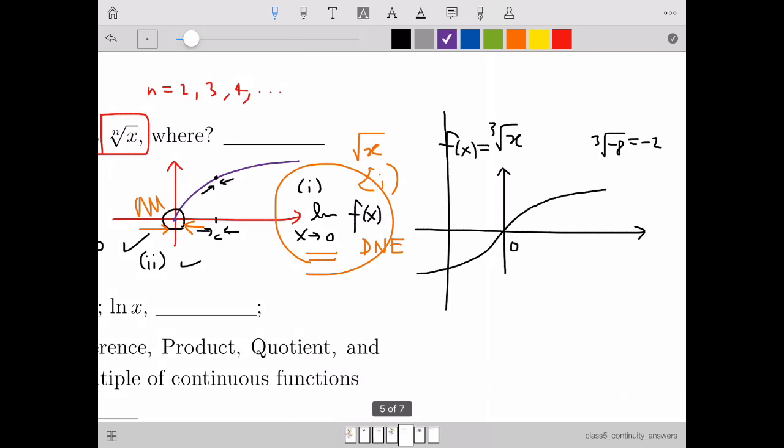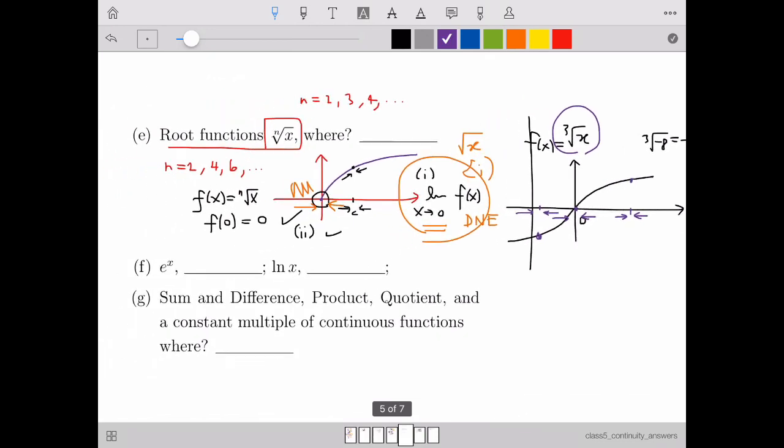So for odd roots, it is continuous at 0, continuous at c positive, continuous at c negative. Its function value equals its limit. So for odd roots, it is continuous everywhere.